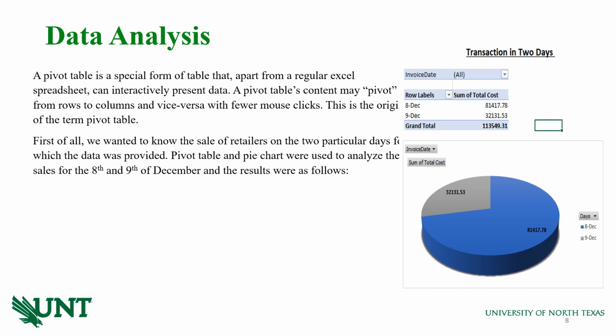A pivot table and a pie chart were used to analyze the sales of the 8th and 9th December transactions, and the results were as follows. 8th December was the highest, at 81,417.78, and on the 9th December it was around 32,131.53, which makes a grand total of 113,549.31, which shows the transactions of two days.